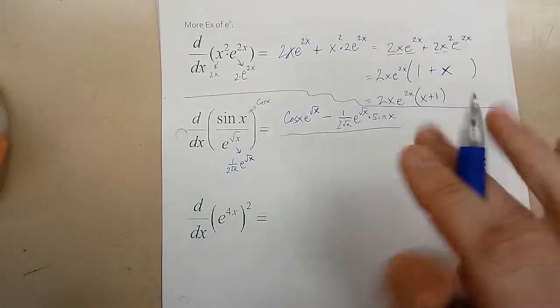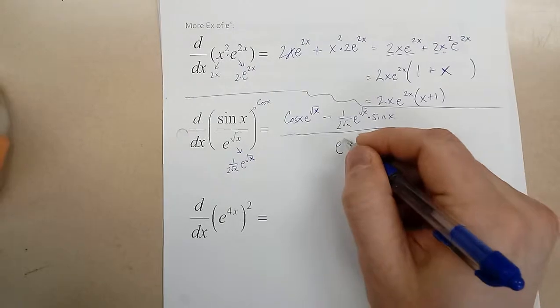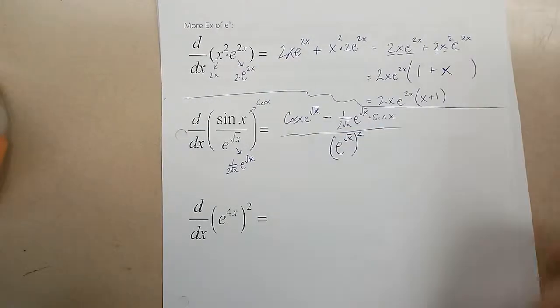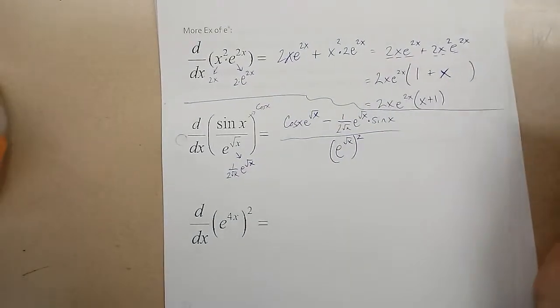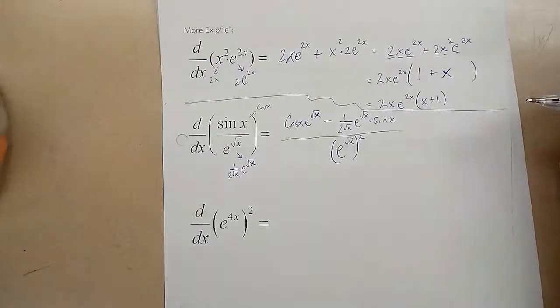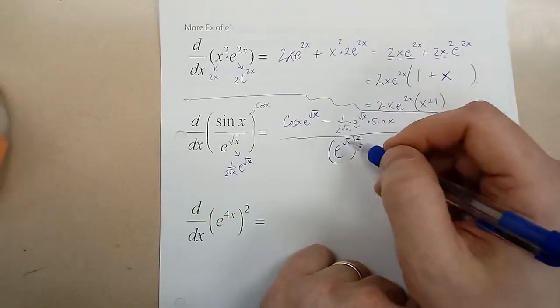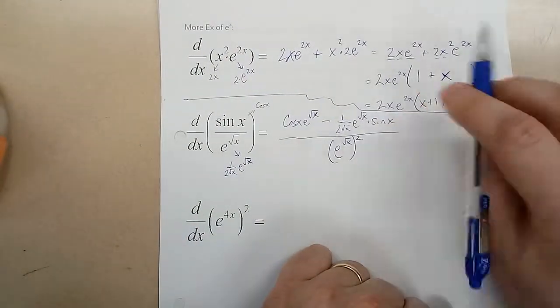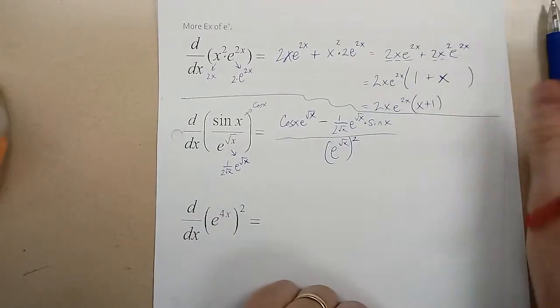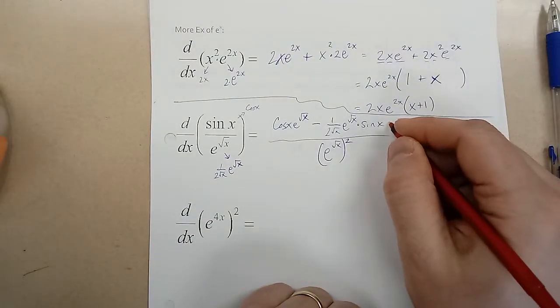Oh, just such a relaxing, easy to look at problem. Cool. No problem whatsoever. All right. Well, we're not allowed to end with fractions and fractions. So I need to multiply the top and bottom by 2 root x.